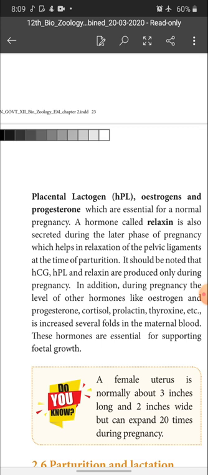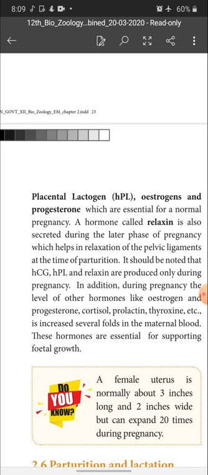Relaxin is secreted by the placenta during late pregnancy to relax the pelvic ligaments at the time of parturition. It should be noted that hCG, hPL and relaxin are produced only during pregnancy.